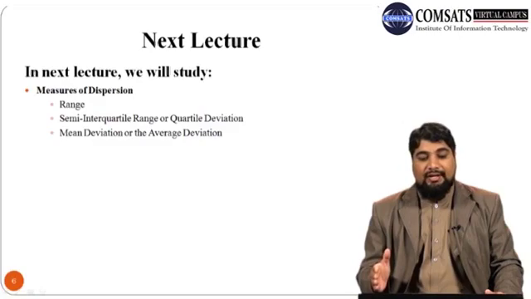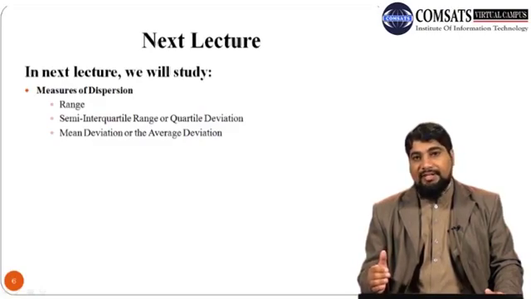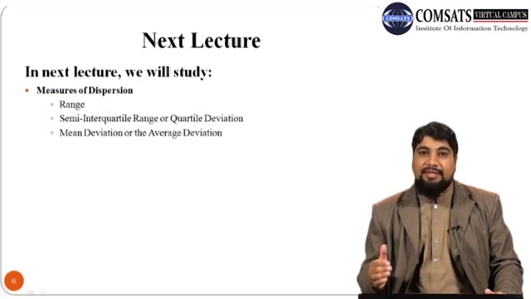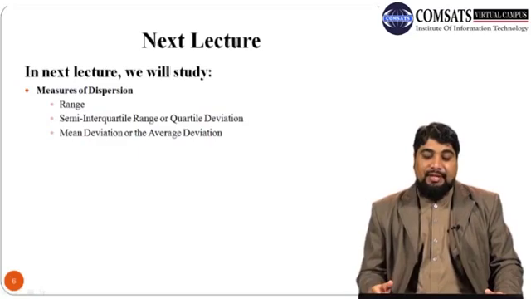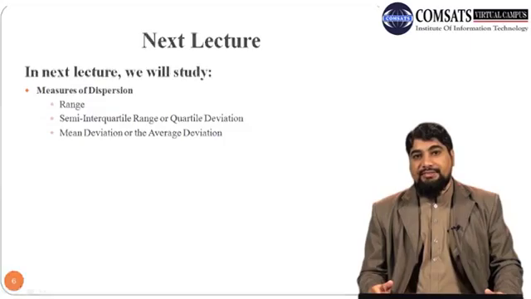The measures which are used to measure the spread of the data are called measures of dispersion. So in next lecture we will discuss the range, the semi-interquartile range and the quartile deviation, and mean deviation or the average deviations.